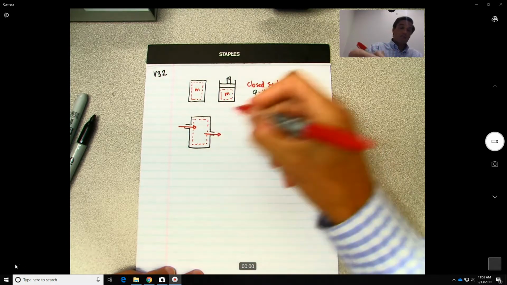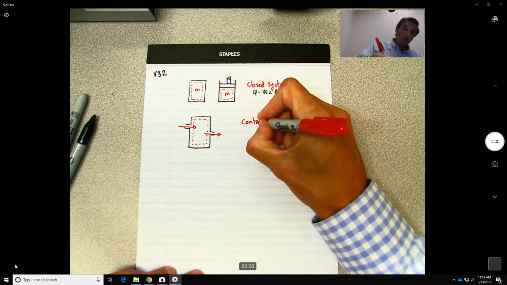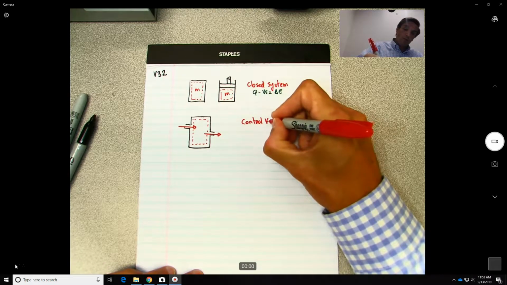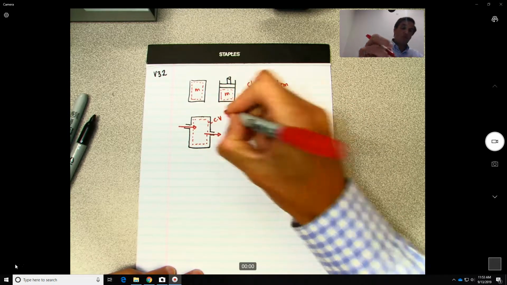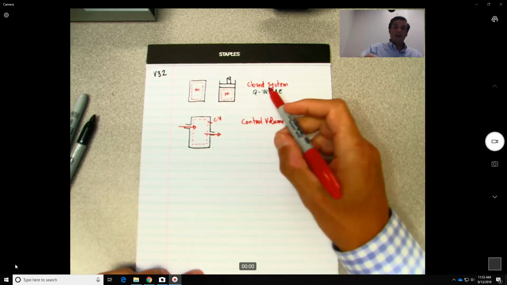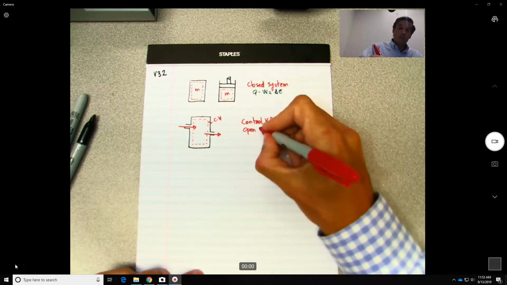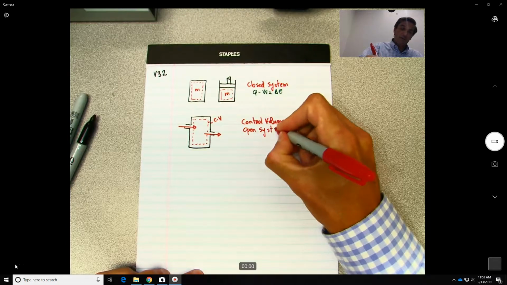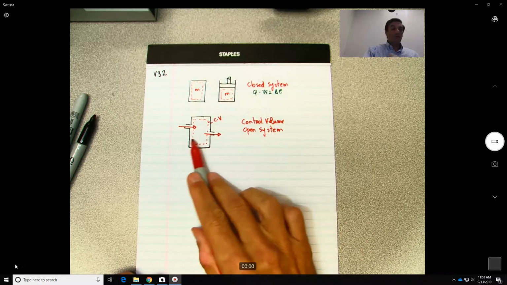This type of system in the literature is generally called a control volume, where this dashed line is the control volume. Personally, I call them open systems, just in opposition to the closed systems.